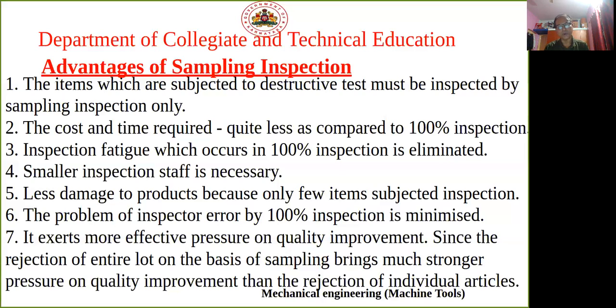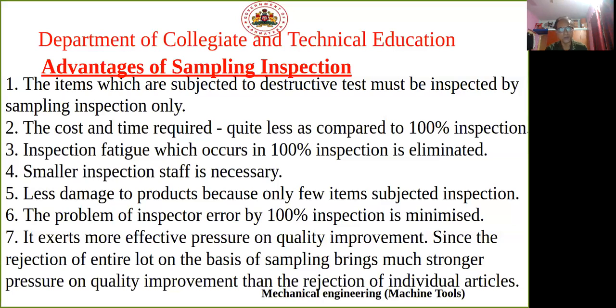So it exerts more pressure on quality improvement. Sometimes what will happen in acceptance sampling inspection, say a lot has been inspected, and the sample that has been taken for testing may be bad. Then 900 out of 1,000, a few items have been selected for inspection, so 995 items we have to disqualify.